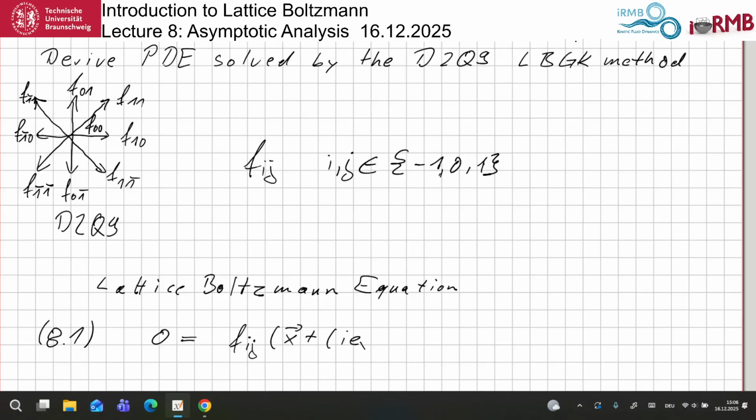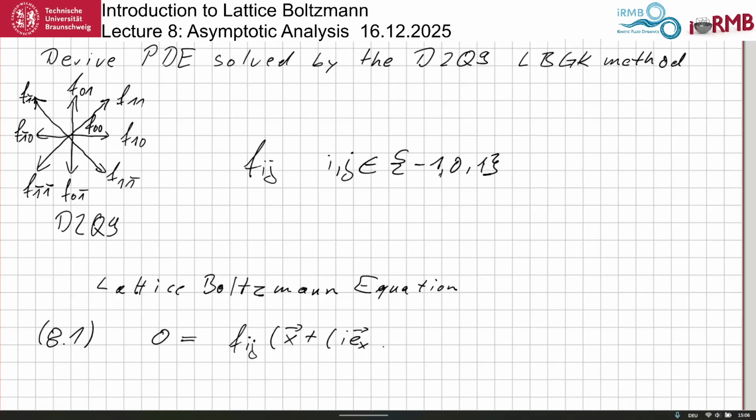So I remind you, we are always assuming that these populations exist halfway in between lattice points. We'll move them according to their direction i and j. So these are the unit vectors. They exist halfway in between, and they exist halfway in between time steps. So this is the next neighboring node and next neighboring time step, halfway towards this, right?